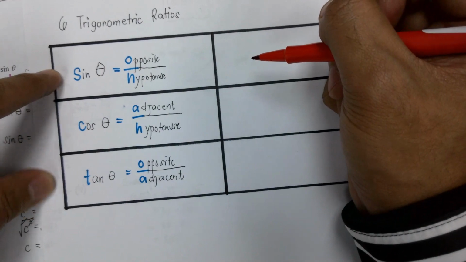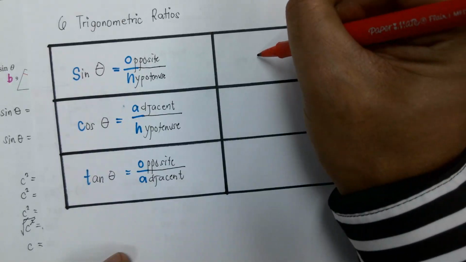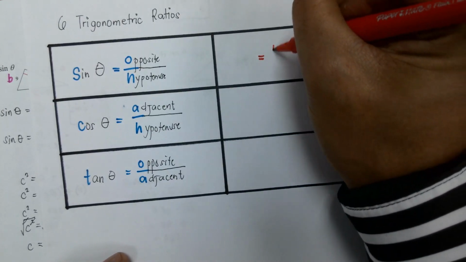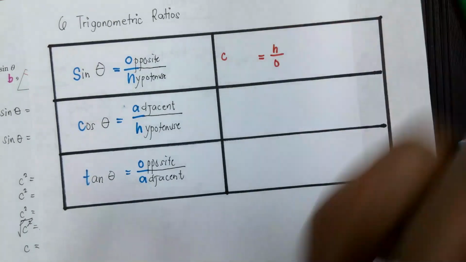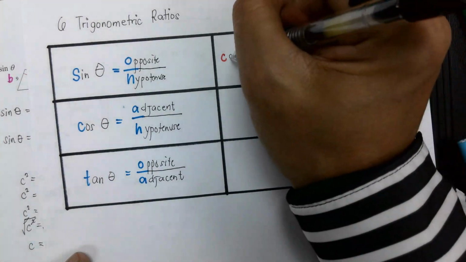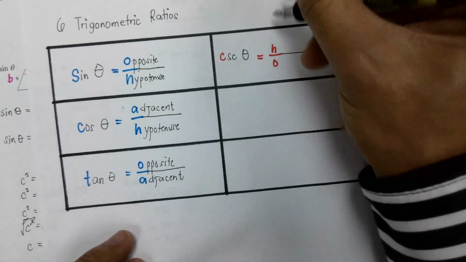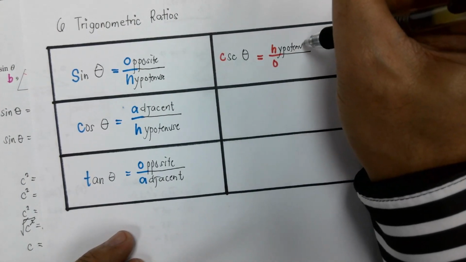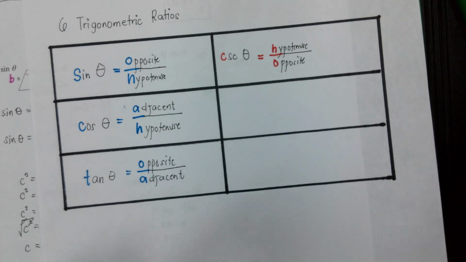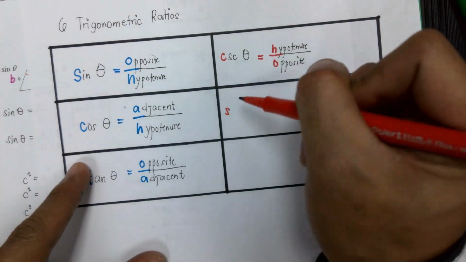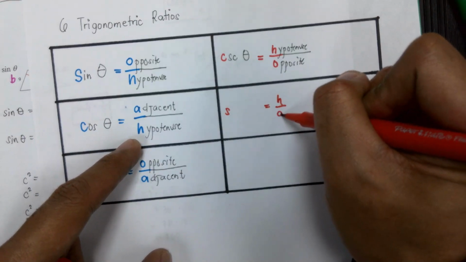All we have to do is actually switch the ratios for sine, which is O over H, and that's going to give you your cosecant theta, which in other words is hypotenuse over opposite. The next one is secant, which is hypotenuse over adjacent.